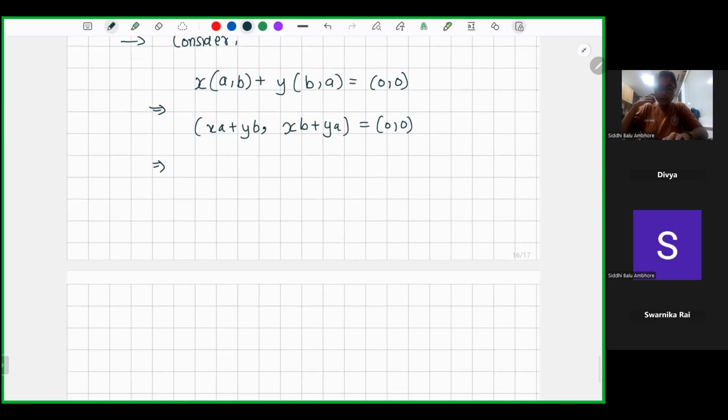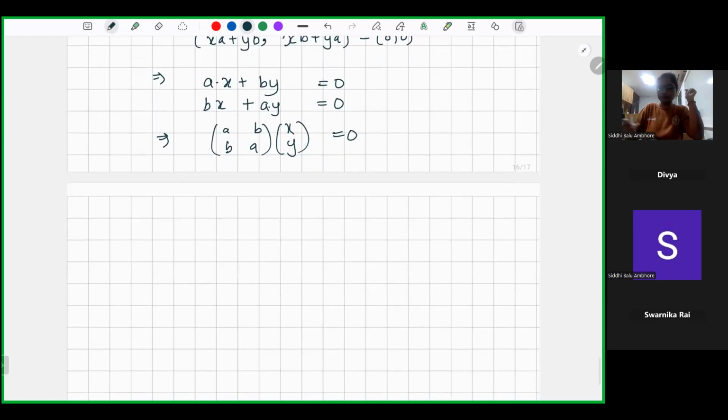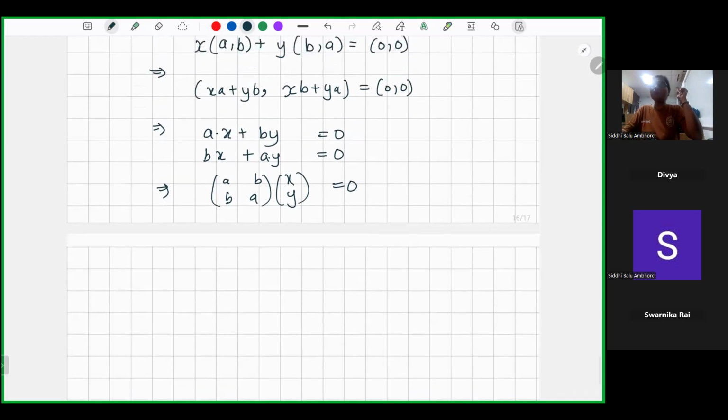Let me write this as AX plus BY is 0 and BX plus AY is 0. Why I'm writing it like this is because this is my matrix (A B; B A) times (X, Y) is 0. I need to find X, Y. And when will this be 0? Sorry, I want this to be non-zero, right?